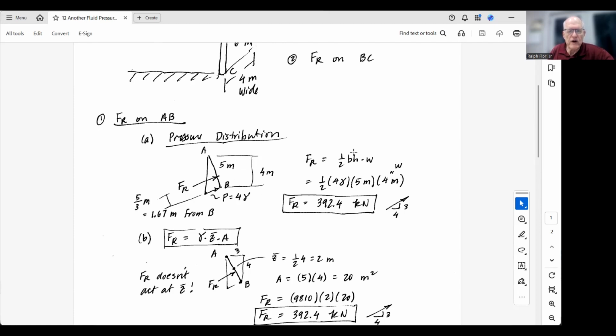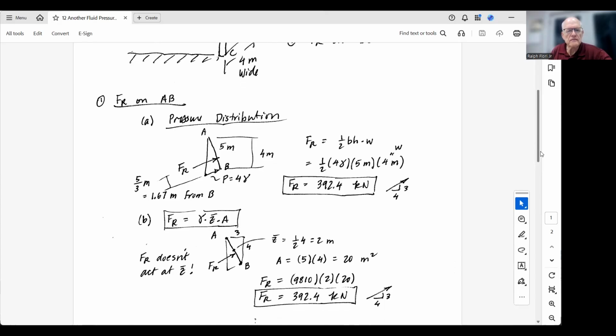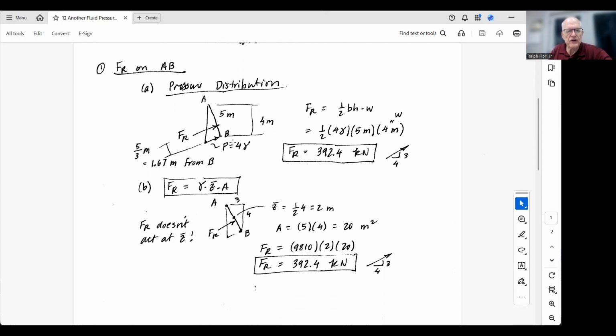The FR is 1/2 of base times height times the width into the board. So 1/2, the base here is 4 gamma, the length of this triangle is 5, the width into the board is 4. And so this resultant force is 392.4 kilonewtons, and it acts at a 3, 4, 5 slope. And that's the volume of the pressure distribution.